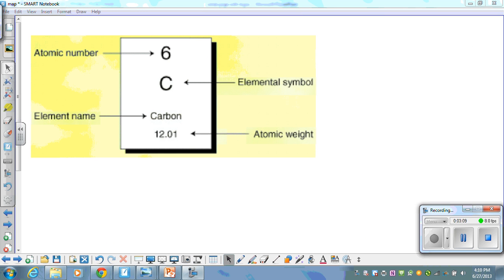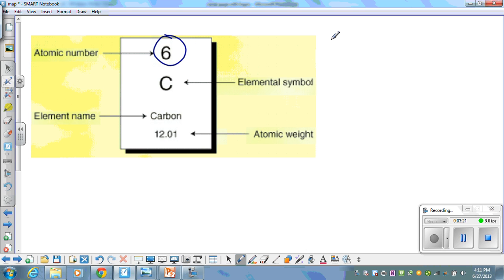Now let's take a closer look at what the numbers and letters and symbols on each square really mean. The number at the top is called the atomic number, and that denotes the number of protons and electrons.